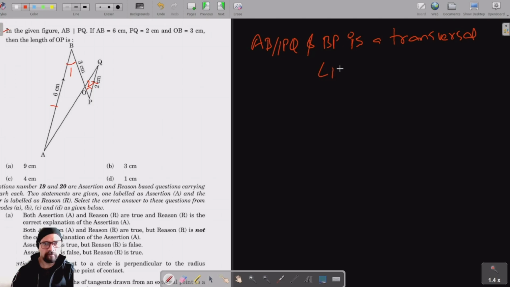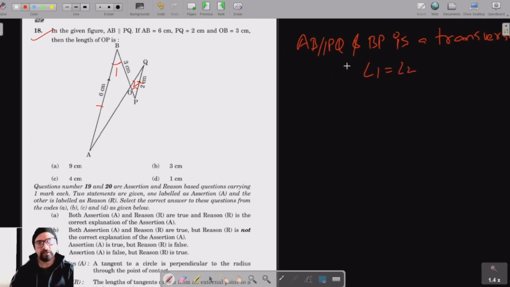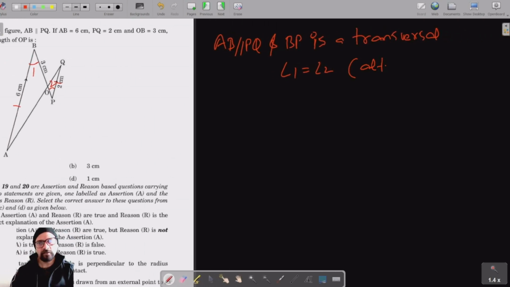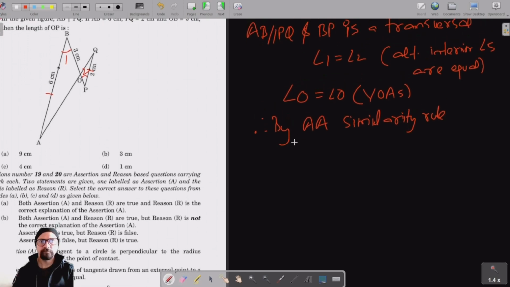That means angle 1 is equal to angle 2, because these are alternate interior angles, which are equal. And also angle O is equal to angle O, these are vertically opposite angles. So therefore, by the similarity rule, this triangle ABO is similar to triangle.